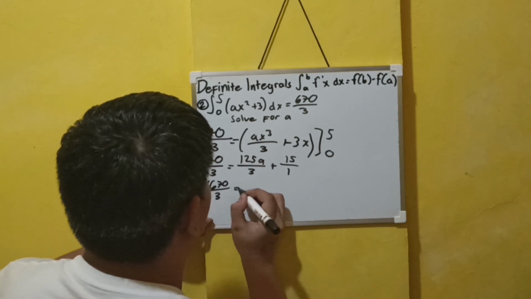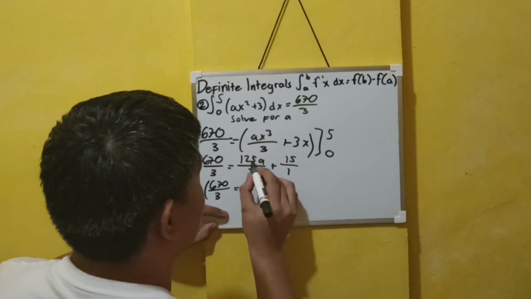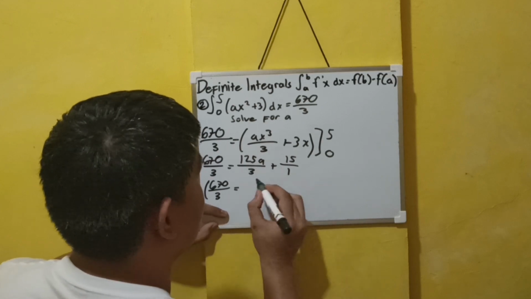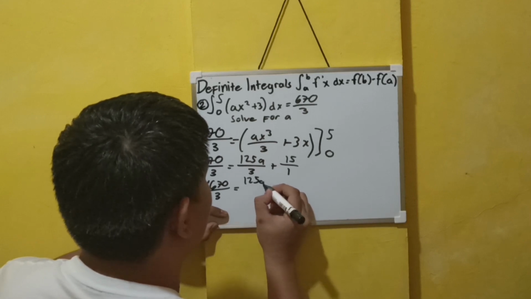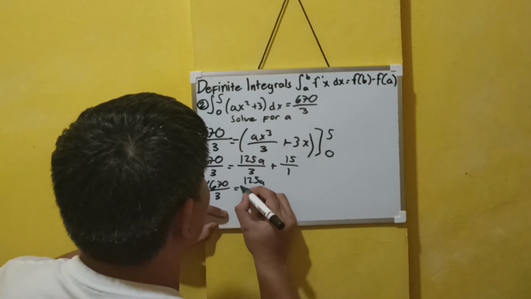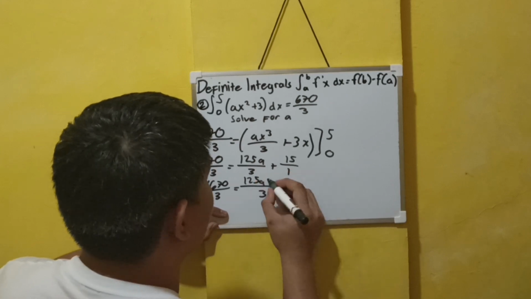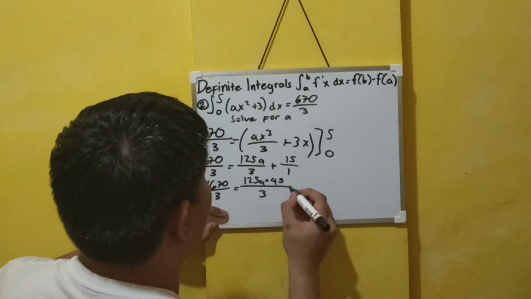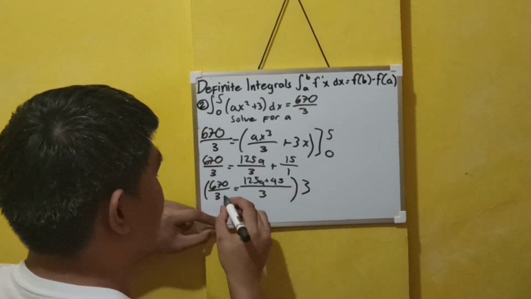Now, the LCD of 125a over 3 and 15 is 3. So we'll have 3 as the denominator, divided by 3 is 1 times 125a is 125a. Then 3 divided by 1 is 3 times 15 is 45. Then, multiply both sides by 3 to cancel out their denominators.